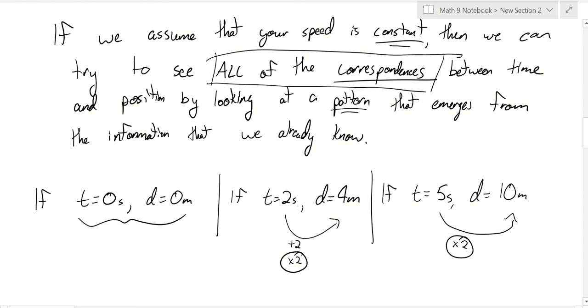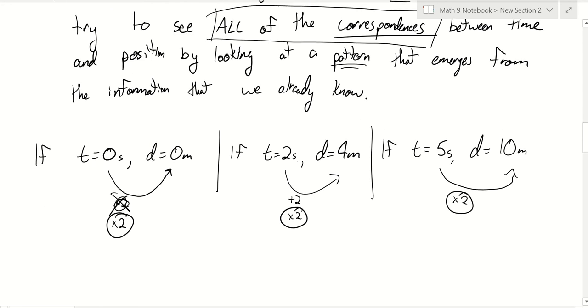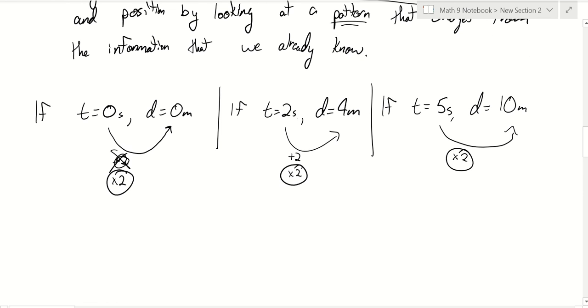Will it work for this first example where it was kind of a stranger example? Well, let's see. To get from 0 to 0, you definitely can't add 2, right? That's not going to work. But you could still multiply by 2, right? If you take 0 and you multiply by 2, that'll take you to the next position. So we see that this rule for multiplying by 2 is really the pattern that emerges.